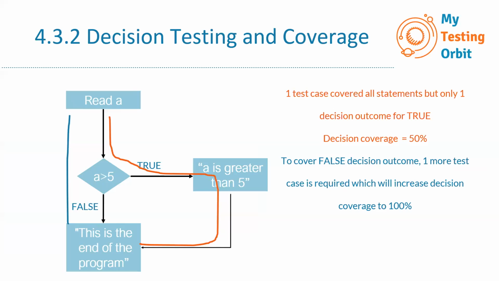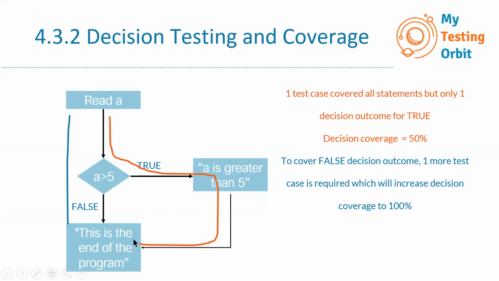Let's see how. We already covered the true one in the statement coverage. One test case covered all statements, but only one decision outcome for true, which means if we take that one test case which we did for statement testing, statement coverage was 100%, but decision coverage will be only 50% because we are covering only one decision outcome.